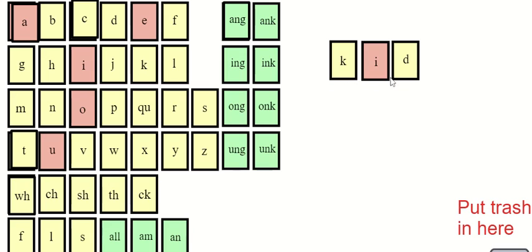And if you remember for the k sound, you could have chosen C, because C and K both make the k sound, also CK. But we know that CK only comes at the end of a word. So I chose K because K goes with I and E. And since my vowel was I, I went with K. So K with I and E, like in the kite, and C with the other three, like in the cat, if you remember that. Okay, so that says kid.